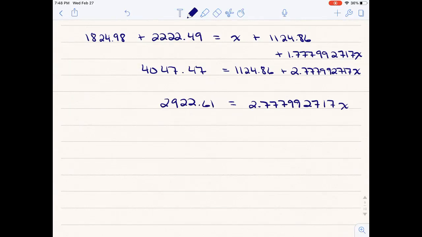Okay. Just moving that 1124 over to the left-hand side by subtracting it.